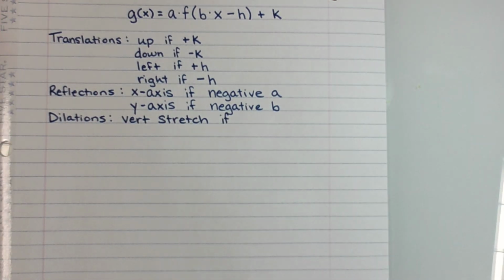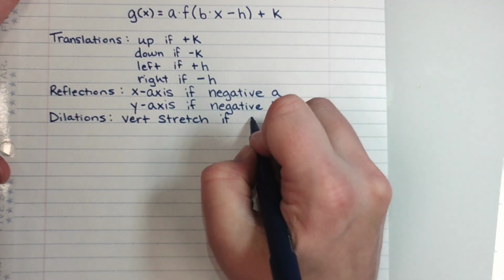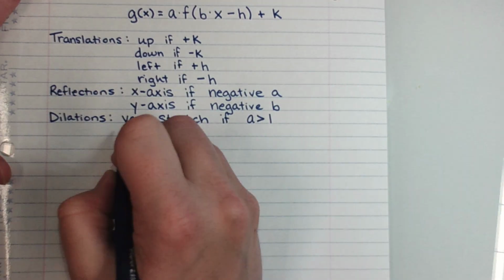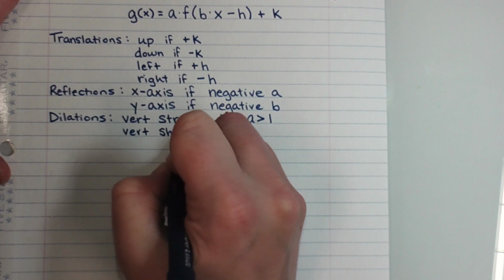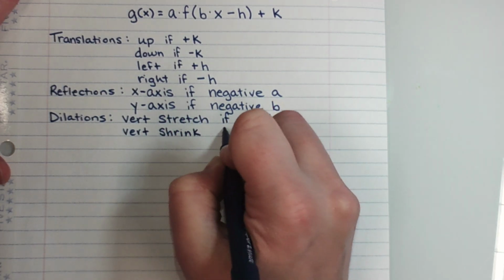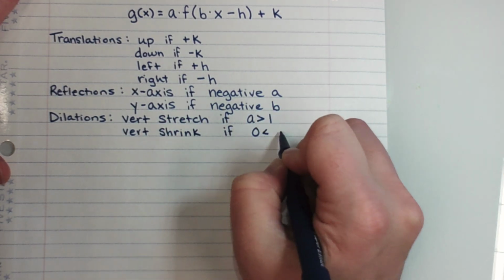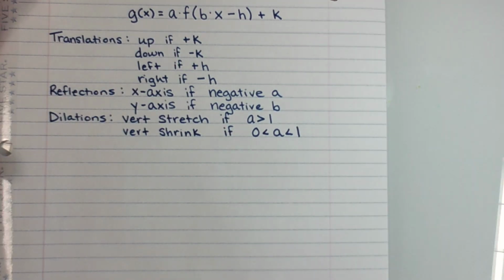We did a vertical stretch if we multiplied the function by a number. Was it bigger than 1 or between 0 and 1? Bigger than 1 for a vertical stretch. Vertical shrink, or compression if you prefer, if a was between 0 and 1.